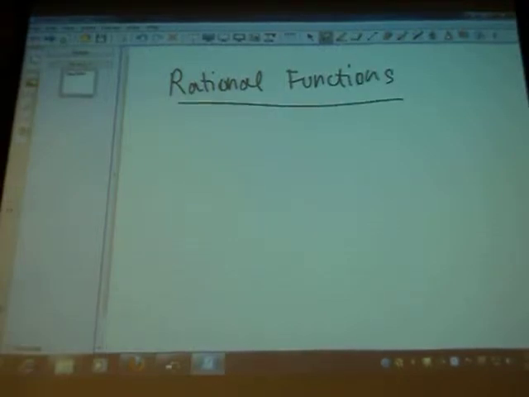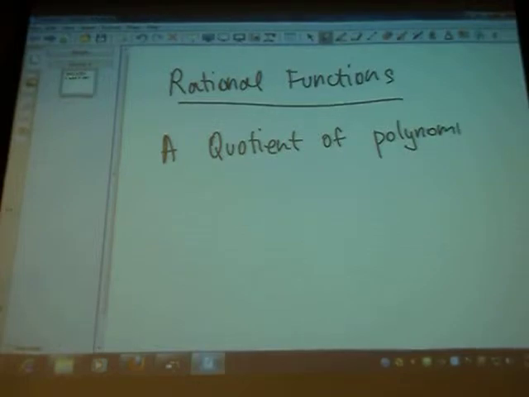Alright, a rational function is a quotient of polynomials. Define quotient real quick. Quotient is just division. You've got a fraction with polynomials in the numerator and denominator.